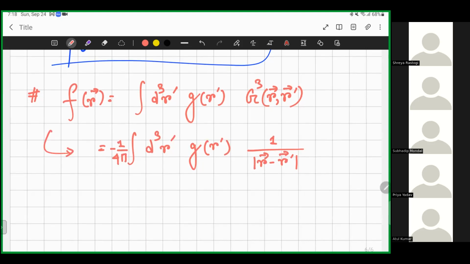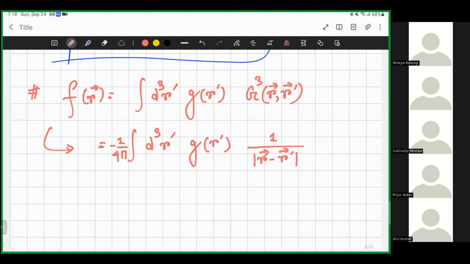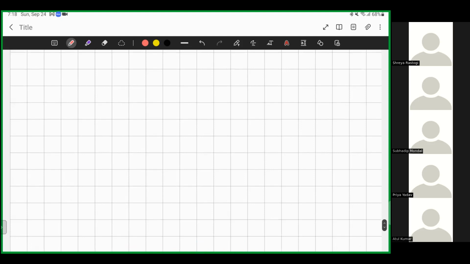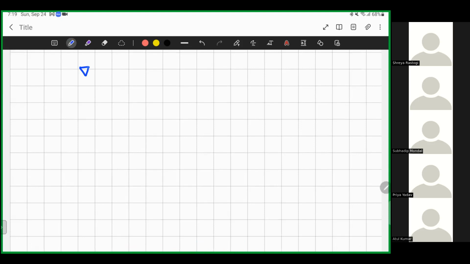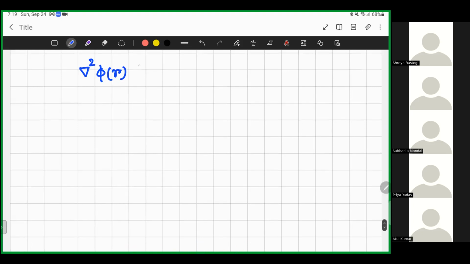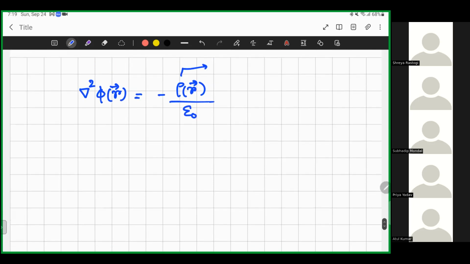We can check whether this form is correct or not easily, because we are very familiar with the Poisson equation in electrostatics. The Poisson equation is very famous in electrostatics, which is just del squared phi(r) equals minus rho(r) by epsilon naught, where phi is the electrostatic potential and rho is the static charge density.